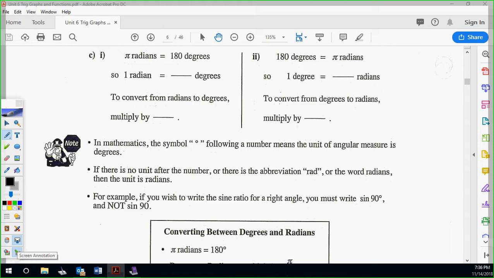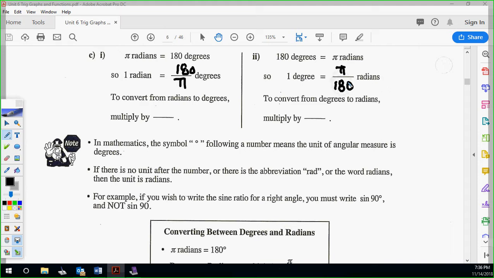So 1 radian, if I wanted to solve for that, 1 radian is 180 over pi, that's the conversion. Then 1 degree is the flip, pi over 180.